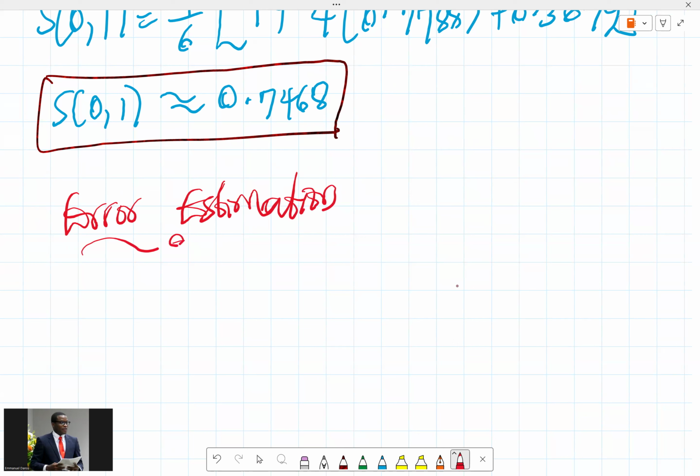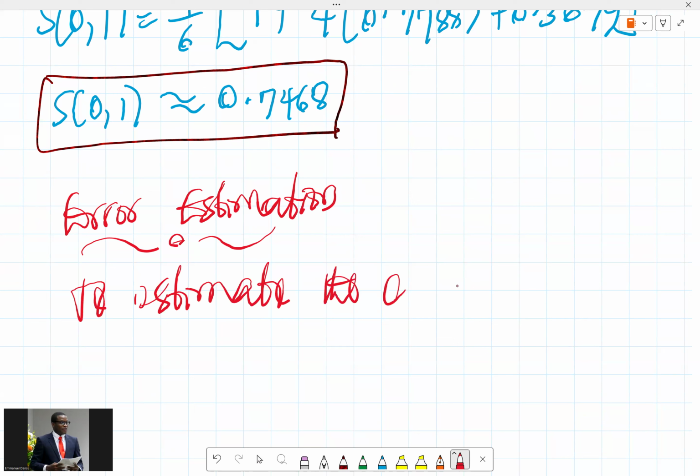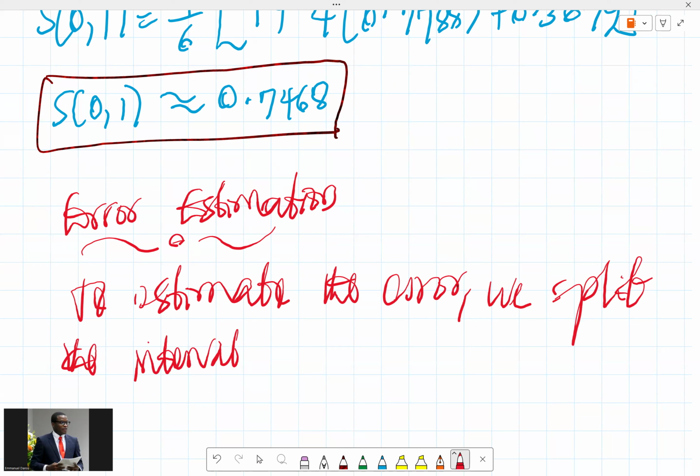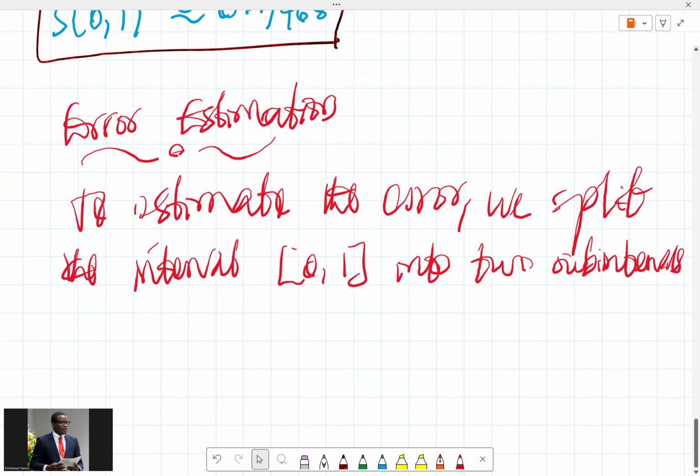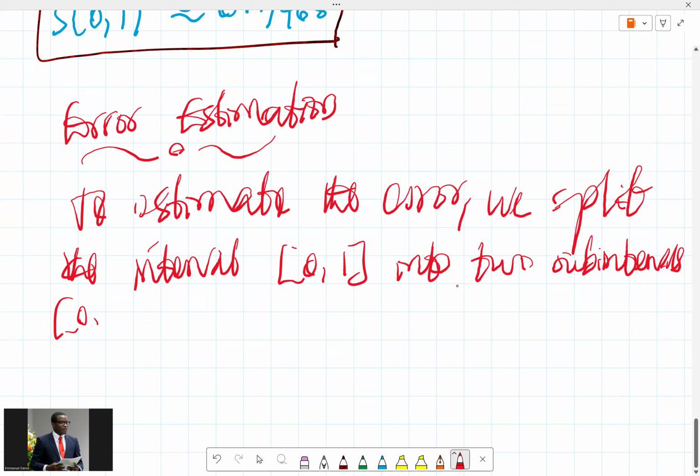To estimate the error, we split the interval 0, 1 into 2 subintervals. That is 0 to 0.5 and 0.5 to 1, like that.